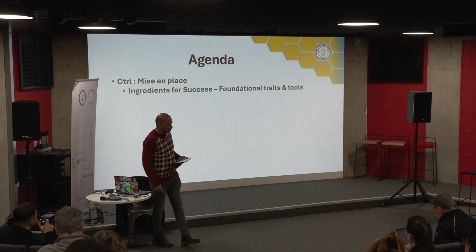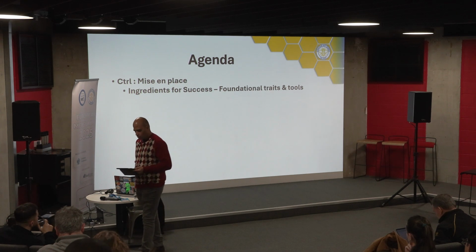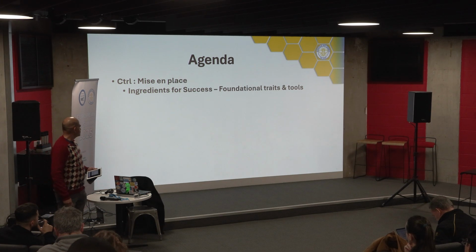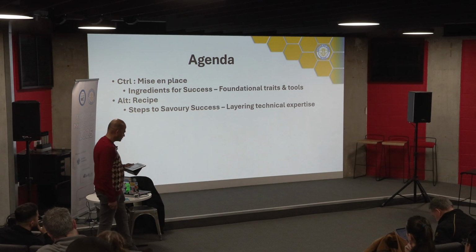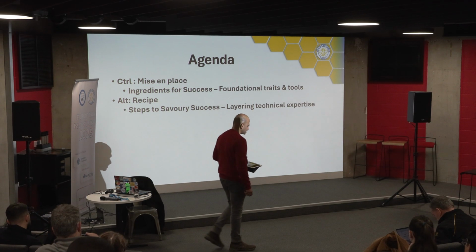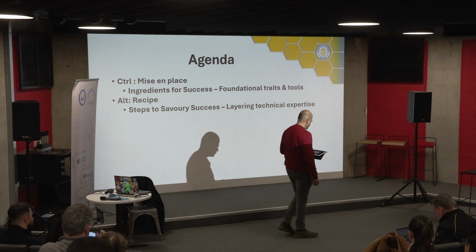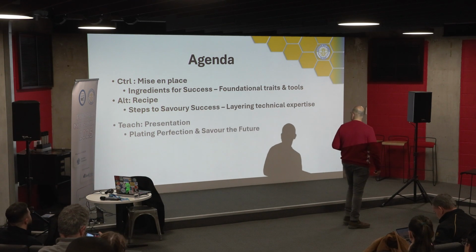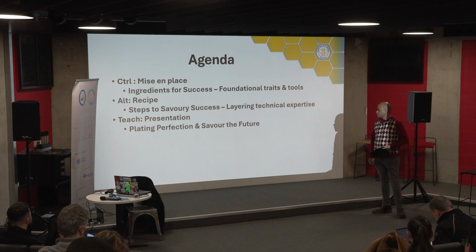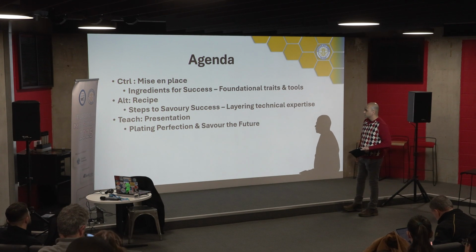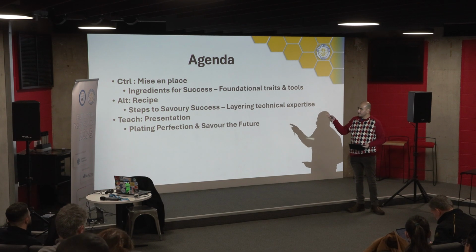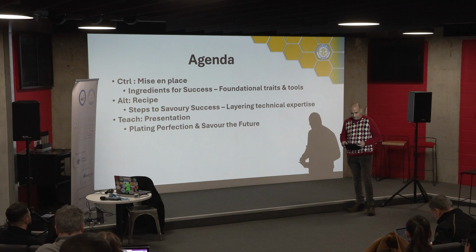So what I aim to look at today is the right ingredients needed. We're going to be looking at the recipe, understanding what are those different steps that we need to follow, and thereafter the presentation itself. At the end, we want to get to that presentation, but there's a lot of preparation beforehand.